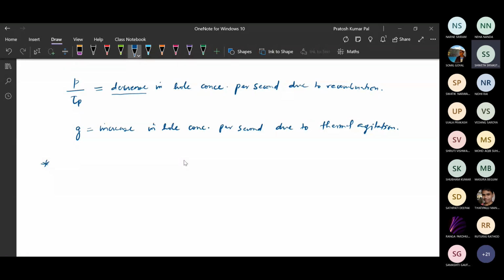So if g is the amount of increase in hole concentration, and p by tau p is the decrease in hole concentration per second, the law of conservation of charge says whatever increase in concentration per second is there, we can depict from the rate of change of hole concentration per unit time, because overall the hole concentration is going to increase.